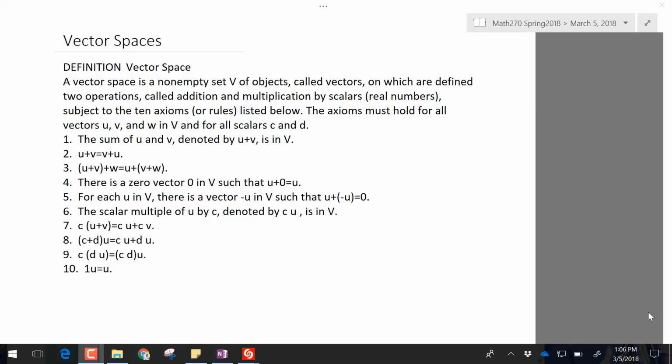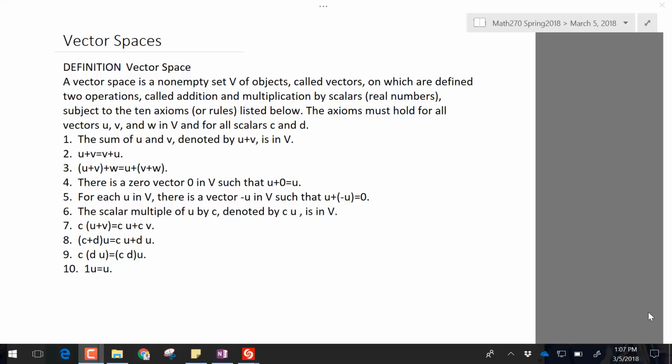So aside from the vectors, the vector addition and scalar multiplication, there are 10 things that have to happen. So the axioms must hold, these 10 things. And most of them can be named, or we can put a name to it.